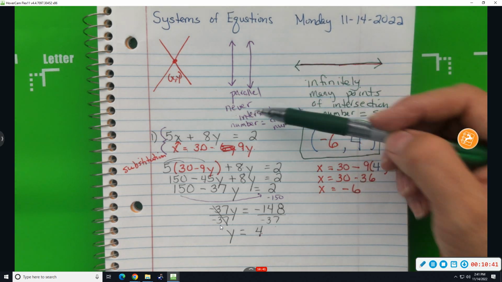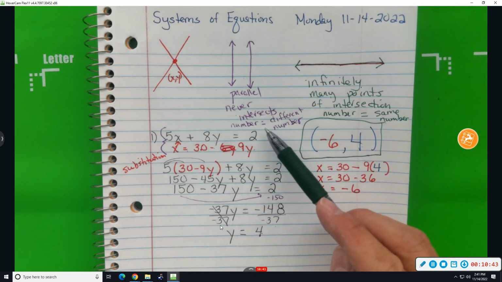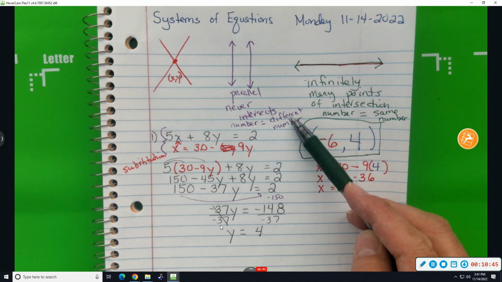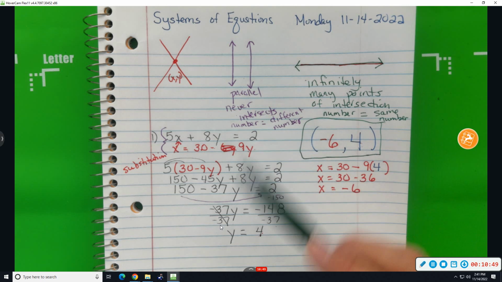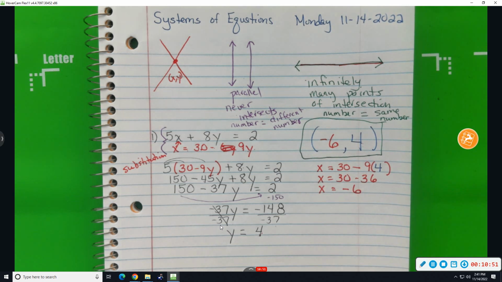If, on the other hand, you get something like 3 equals 5, one number equals a different number, that would be the no solution. And that's just a little extra. By that I mean the homework, I don't have any like that on it.